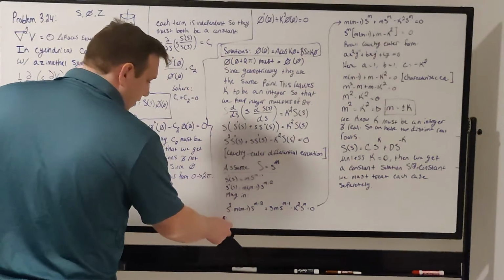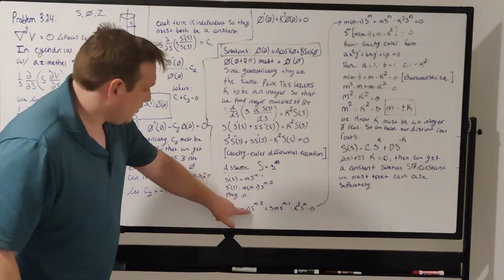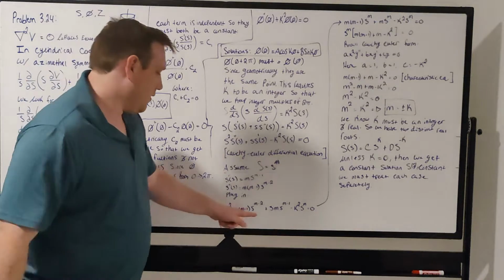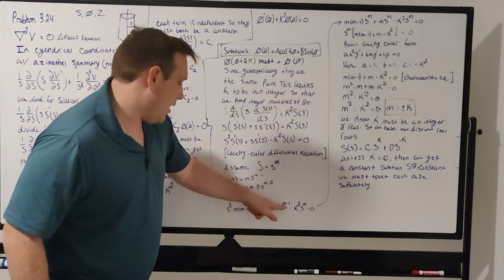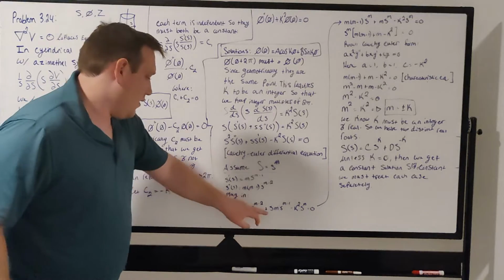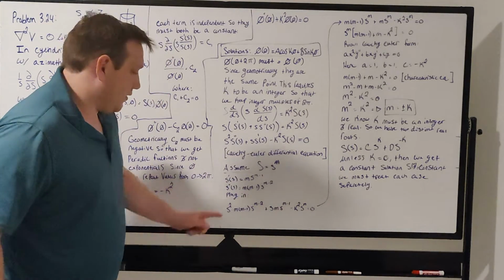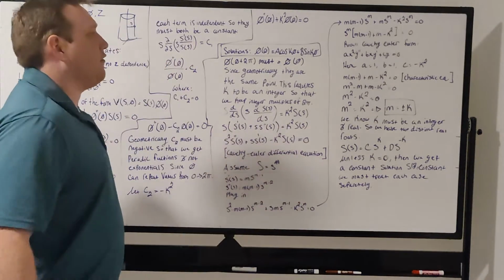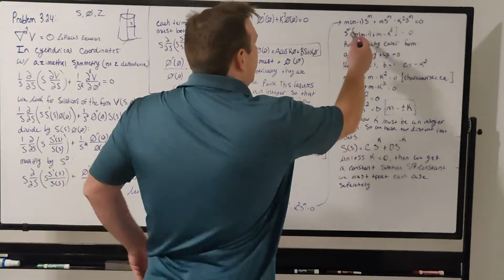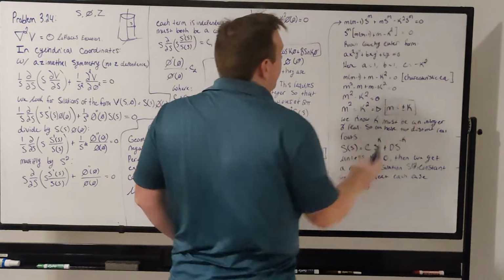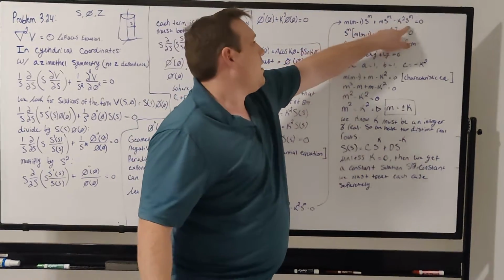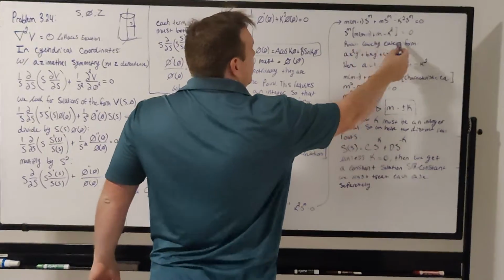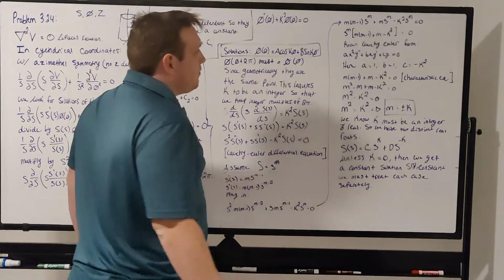On this first term, s to the m minus 2 times s squared is just s to the m, and s times s to the m minus 1 power also gives us s to the m. And on the third term, we still have s to the m, so we can factor out s to the m. I just rewrote it here with everything in terms of s to the m, and then I factor out s to the m and set it equal to 0.